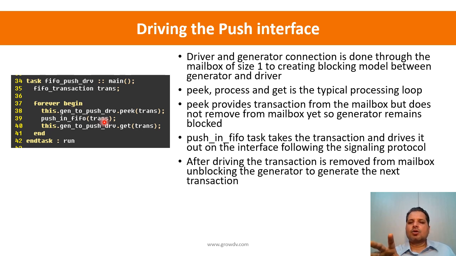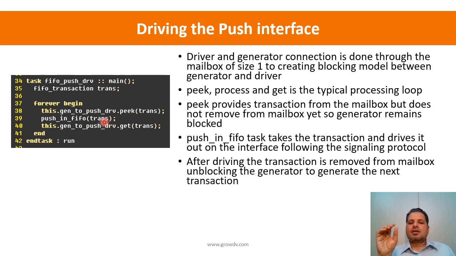It assigned those values to the virtual interface, and it followed the push protocol: it waited till the full was deasserted, and then it put the data on the data bus and asserted the write enable that we have already seen, right?